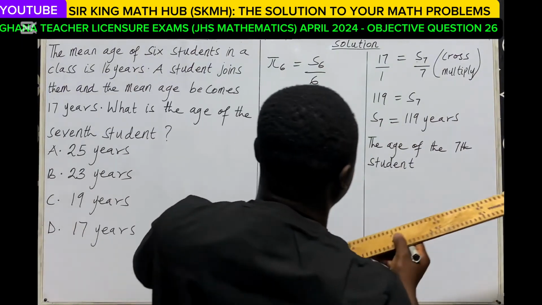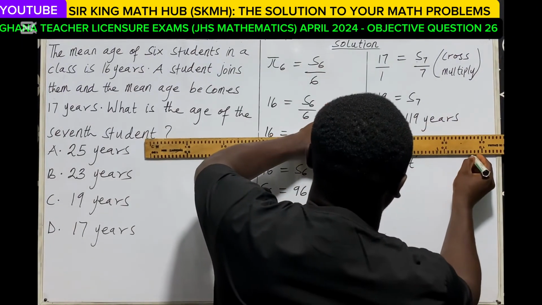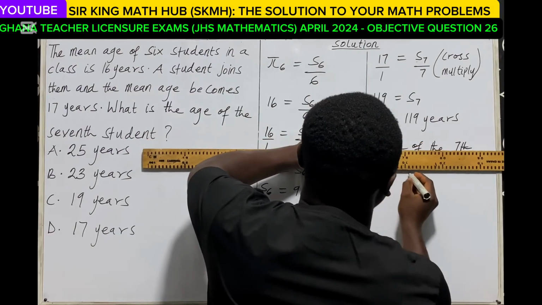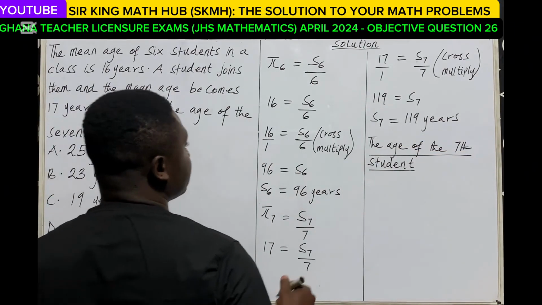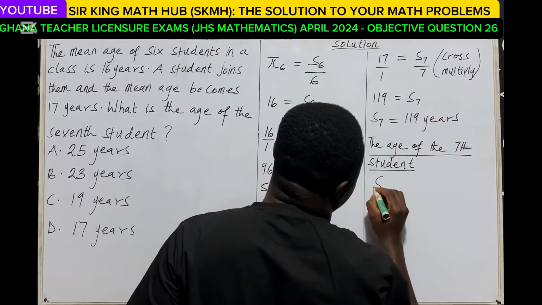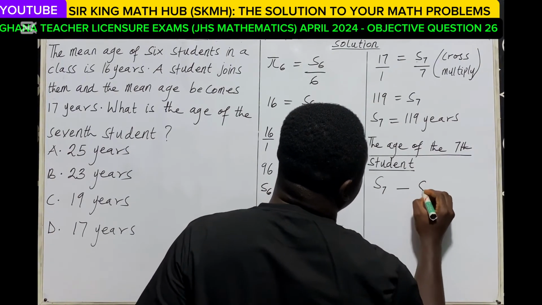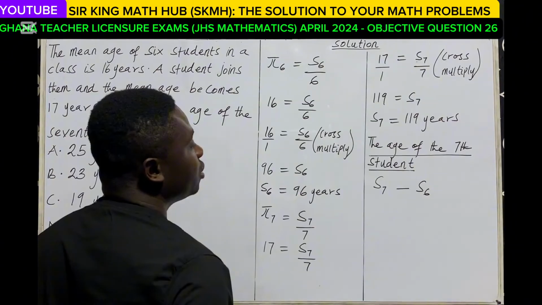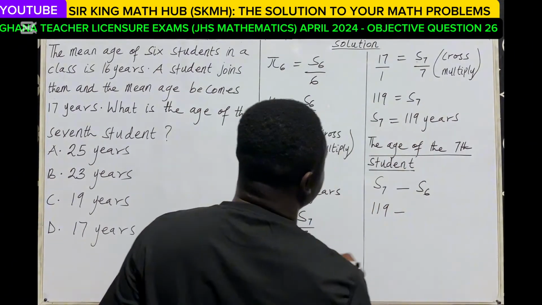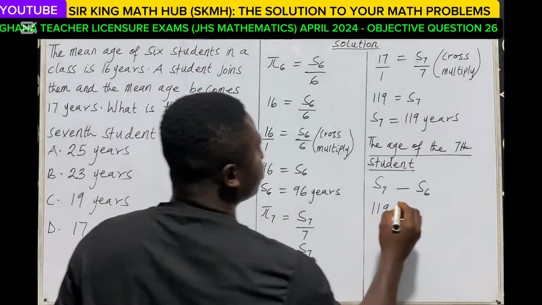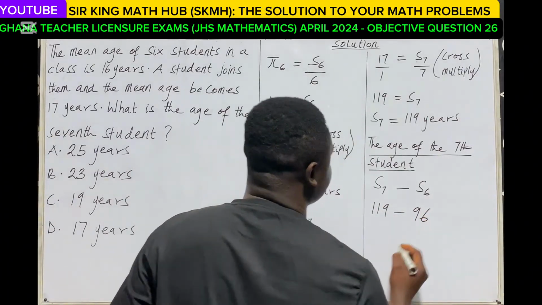It is clear that the age of the 7th student will be the difference between the sums. So that will be sum of 7 minus sum of 6. Remember, sum of 7 we have 119, and sum of 6 we have 96.